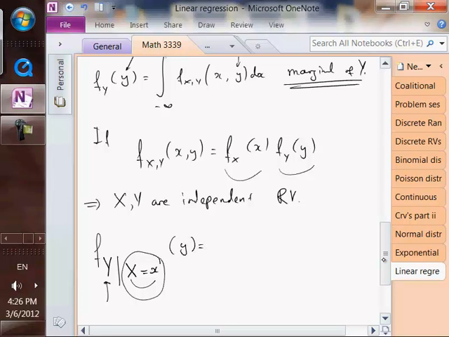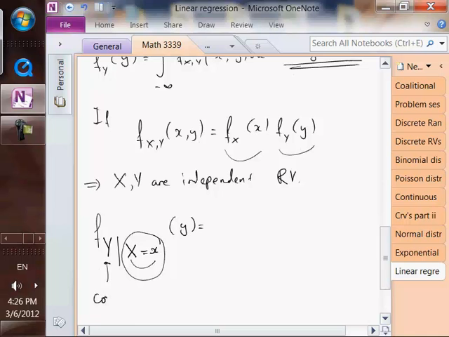This is again a density, so this is here the conditional density. Density of y given, that's very, very important, given that x has assumed a certain value.